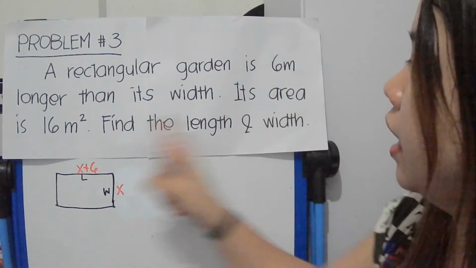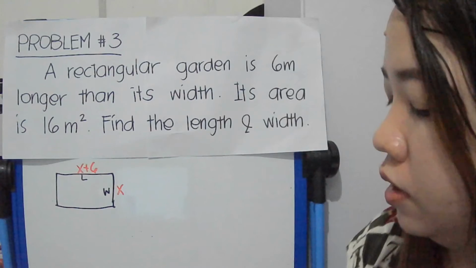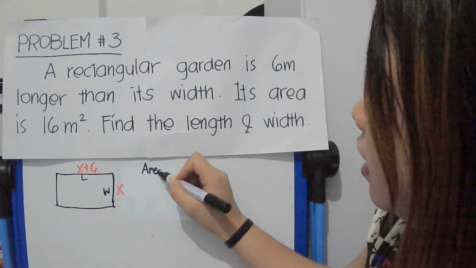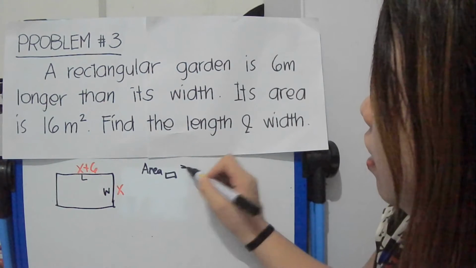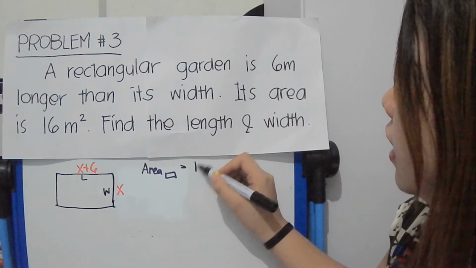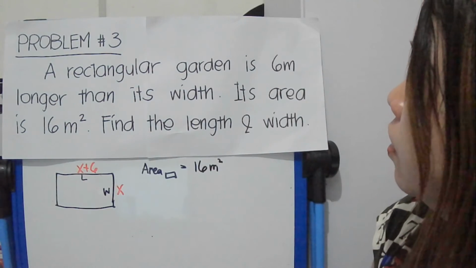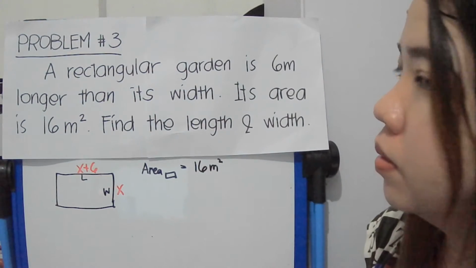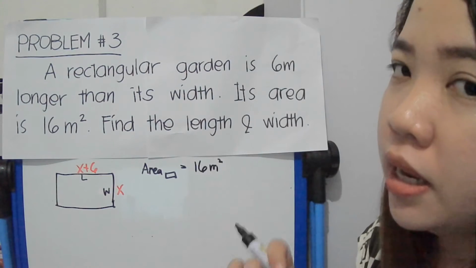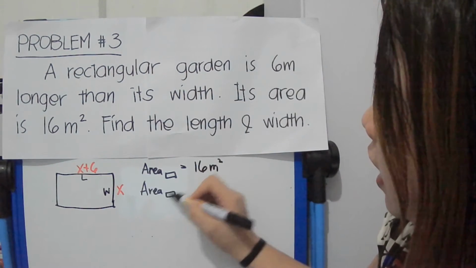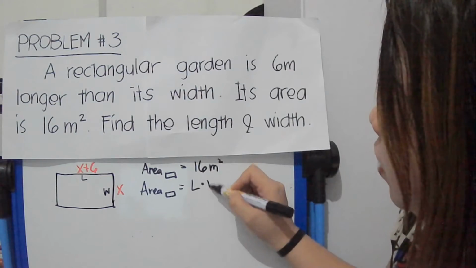Now, its area is 16 square meters. So, lagay natin, another given, area ng rectangle daw, yung area ng rectangular garden ay 16 square meters. So, paano ba natin kinukuha yung area ng rectangle? Ang formula po in getting the area ng rectangle ay length times width.